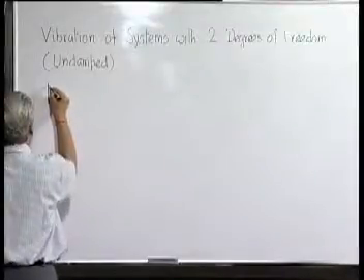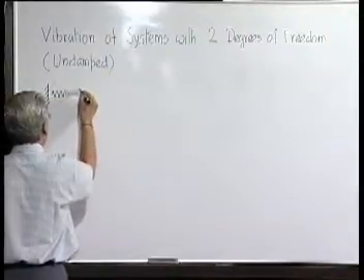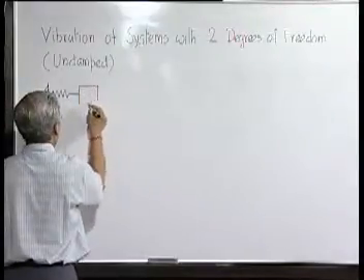In this case, when you are considering a 2 degree of freedom system, we will have 2 natural frequencies and 2 natural modes of vibration.